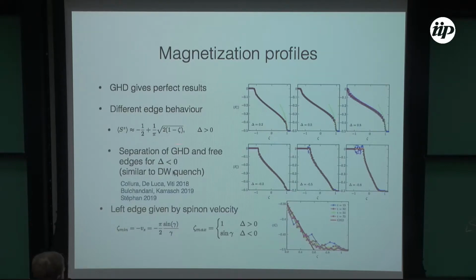This edge, as I told you, is always at ray parameter 1 because of the maximum in the velocity. On the other hand, for negative delta, you find that there is a separation between the GHD and the so-called free magnon edges. So this is very similar to the domain wall problem, the spin up, spin down domain wall problem, which has been studied by many people in the audience. And in Jean-Marie's talk, you could already have a glimpse of roughly what is happening.